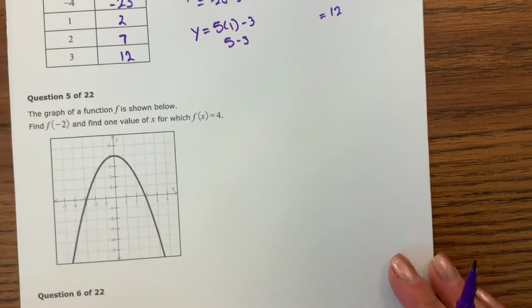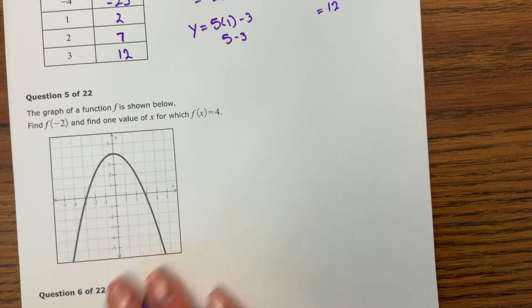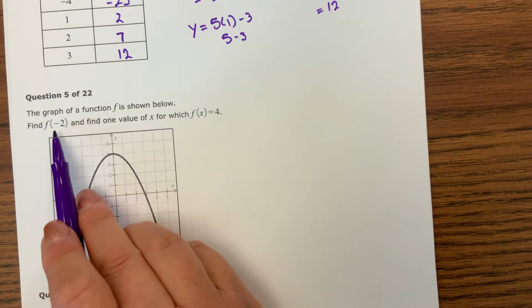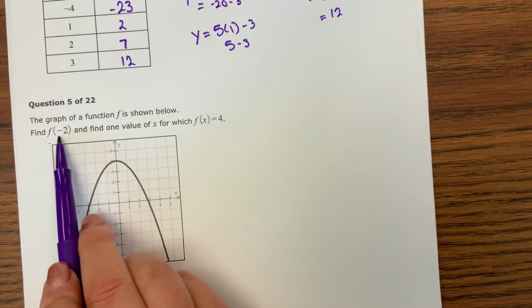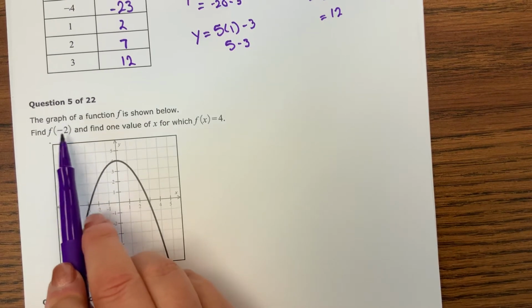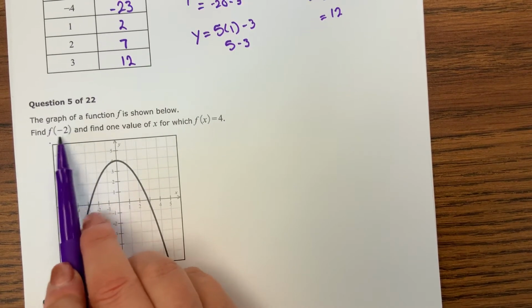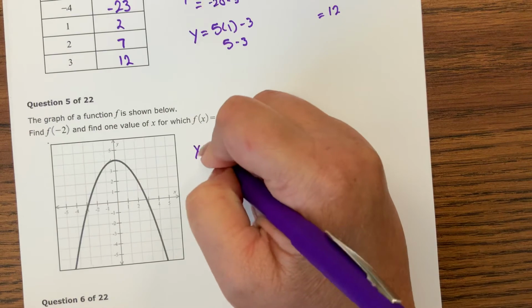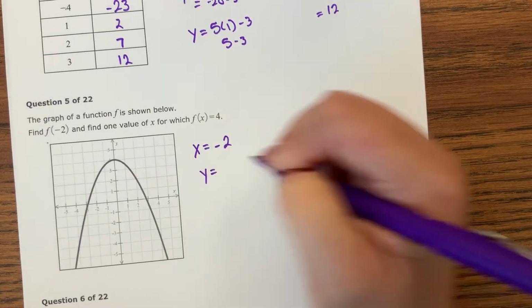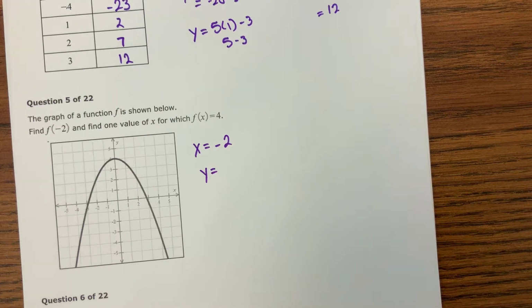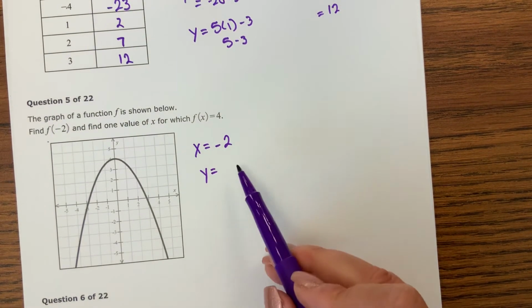So if I'm given a graph that's already been done, and I now need to solve these functions, they want you to find f of -2. So remember, whatever's in the parentheses is your input. That's your x. So that would be like x is -2. We are trying to find the output, which is y, which is the other half of your ordered pair. So you use your graph.